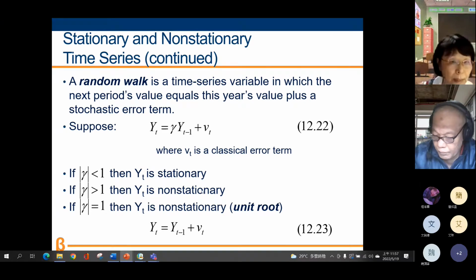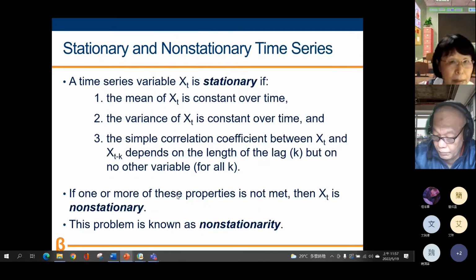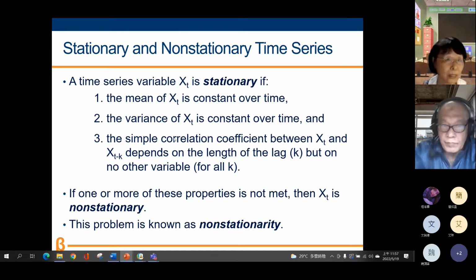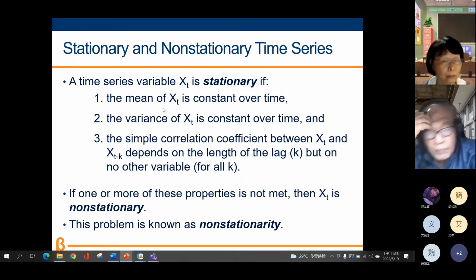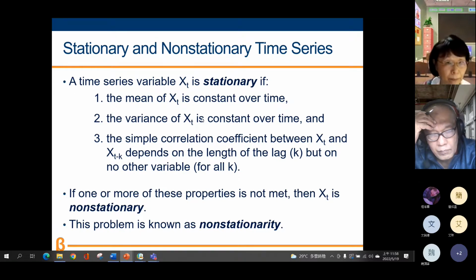Therefore, yt is non-stationary. Remember that the definition of stationary means that the mean is constant over time. If the variable keeps drifting and you don't know where it goes, then the mean will not be constant. And if we don't know what this variable will drift to, then the variance of the variable is not constant.